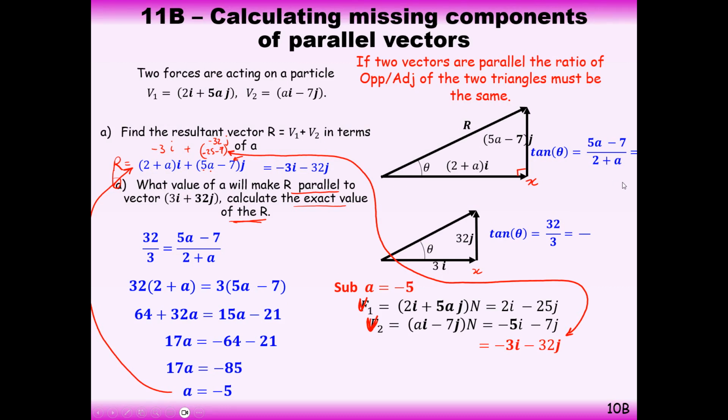Some students make this error. They say 5a minus 7 must equal 32. This is not what I said. I said the ratio here is the same as the ratio there. I didn't say 2 plus a equals 3. So don't confuse that. This is a common mistake my students sometimes make.